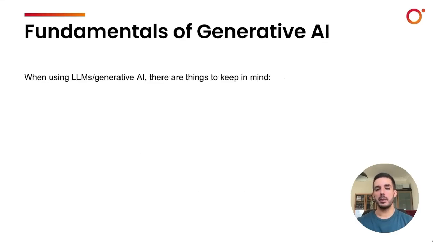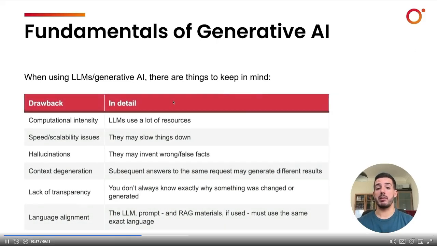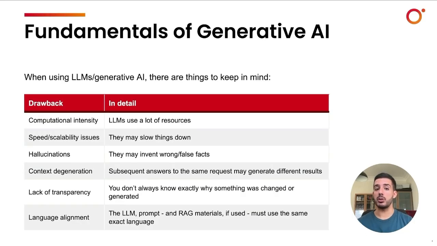Now, when using these LLMs or text generative AI models in general, there are things that we have to keep in mind. For example, one is computational intensity. They use a lot of resources, right? Especially if you are using a locally hosted open source solution, it's going to consume a lot of computational power. And this may not seem like an issue when you are just performing one operation.